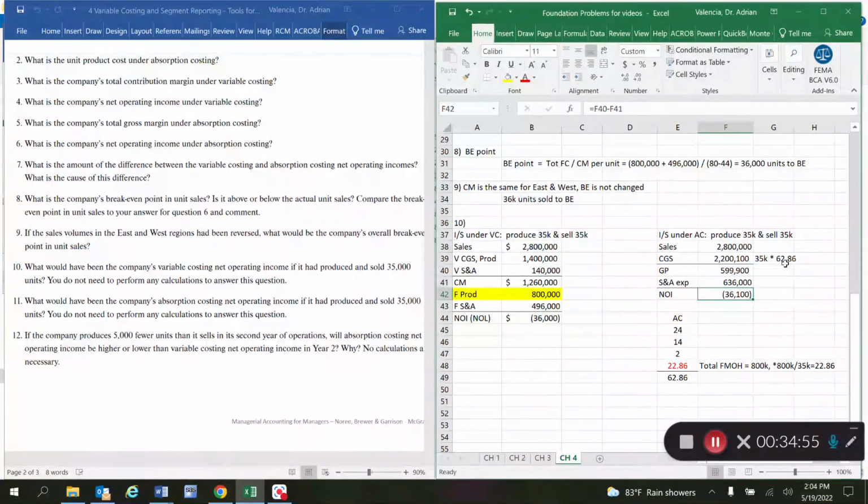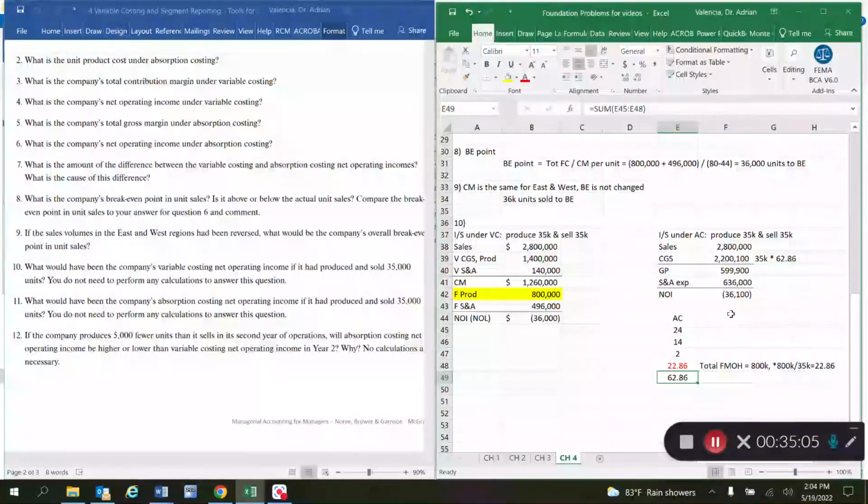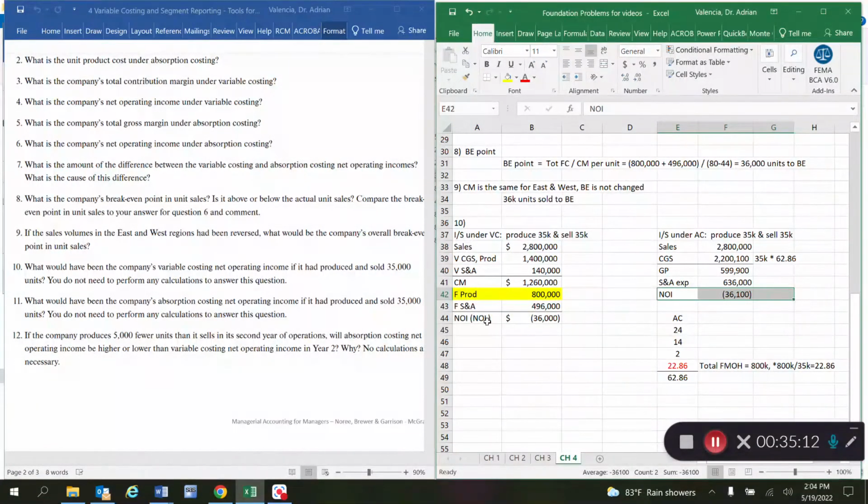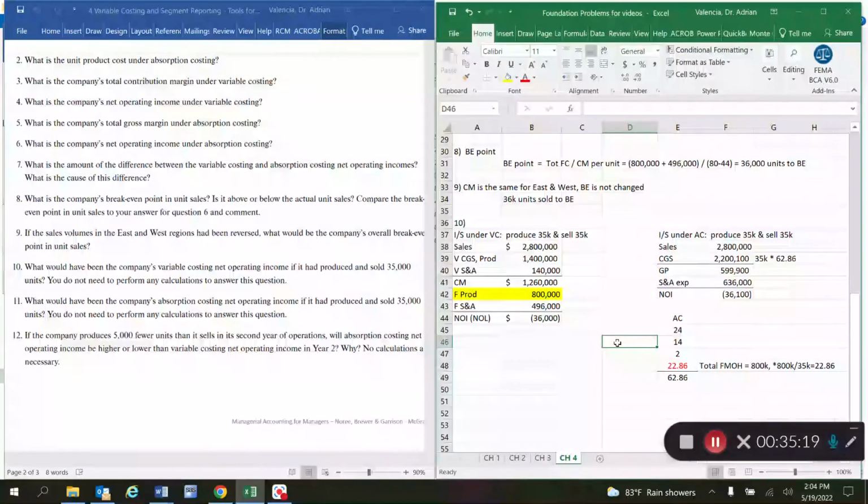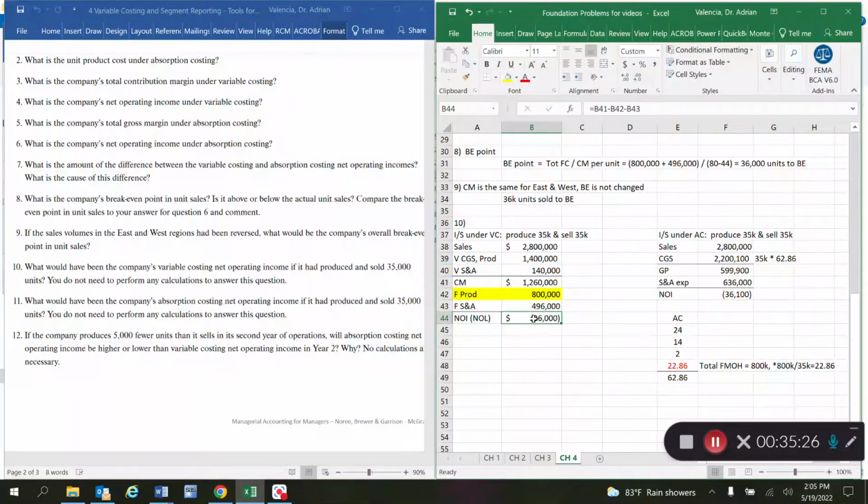And the rounding error deals with the fact that this doesn't come out to exactly 62.86. It's a longer decimal, but I just rounded it. But technically, if you did not round, this would have come out to negative 36,000, just like under variable costing. Okay, so what can we conclude at this point? If at any point in time you have a production level that is the same as the sales level, your incomes under variable costing and absorption costing will be the same.